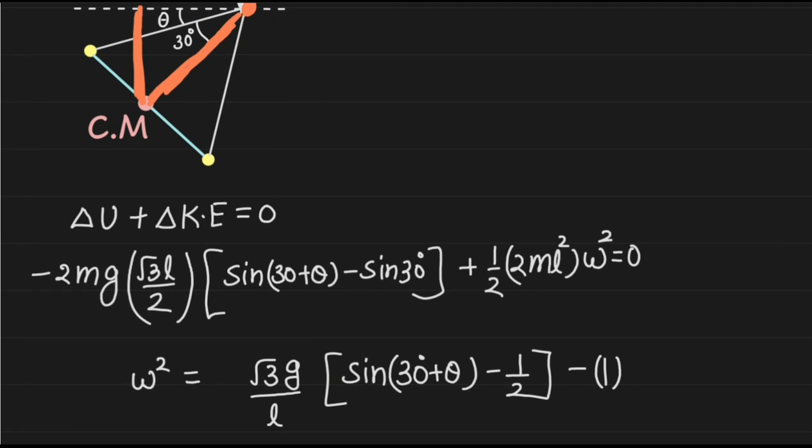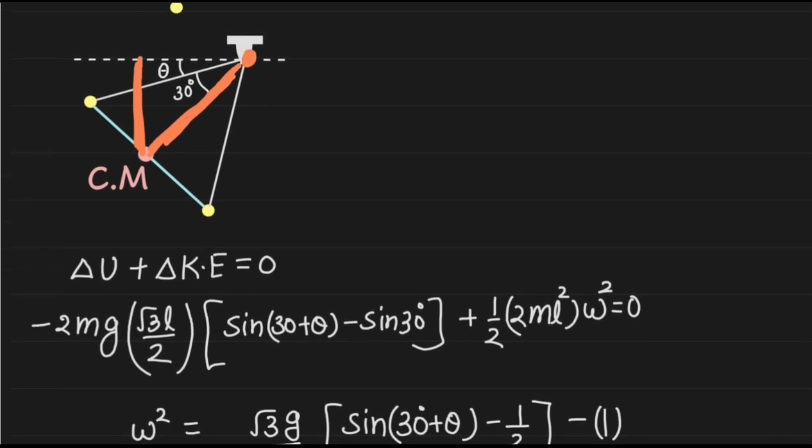Now, if we want to determine the values of tension, we have to write the equation of motion, the second law of motion, for these two individual particles. We can write equations in two directions.